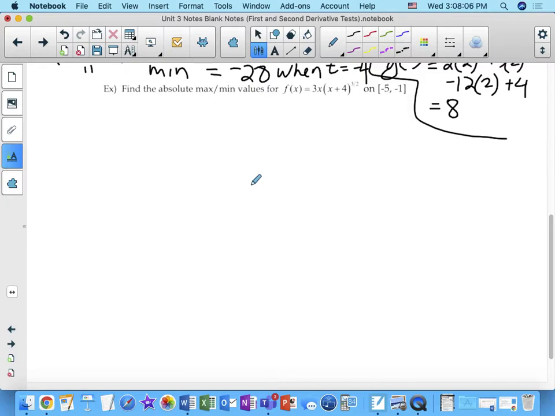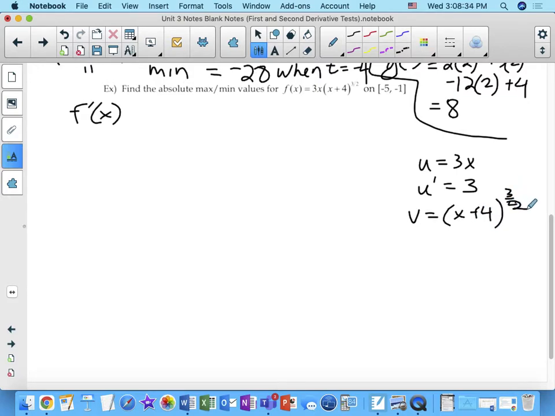Okay, so f prime of x. This is a product rule. Well, it is also a chain rule, so maybe we should do this off to the side. u equals 3x, so u prime is 3. v is (x plus 4) to the 3 over 2. It is a chain rule.